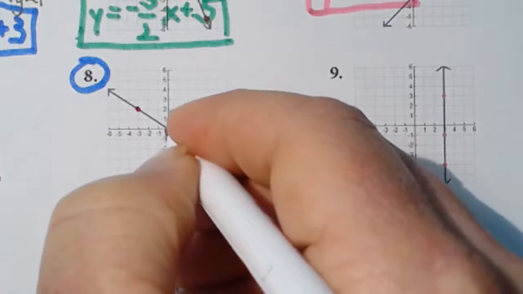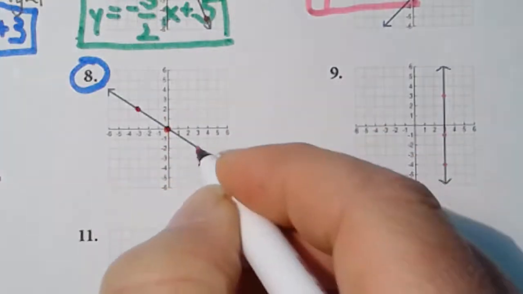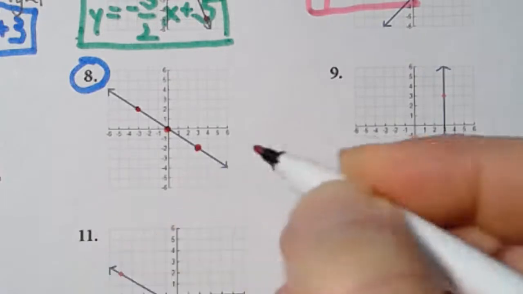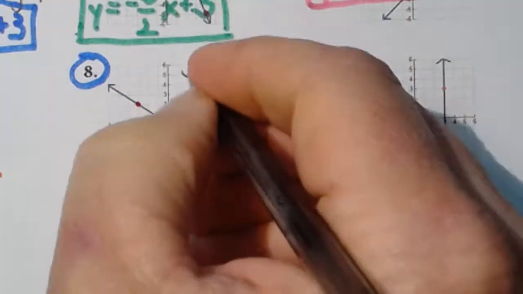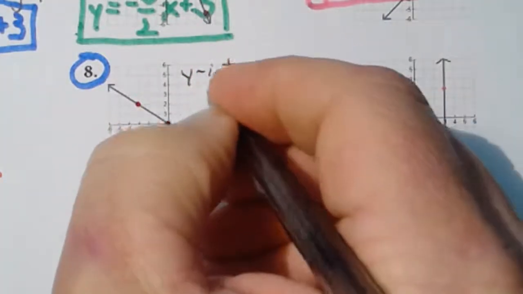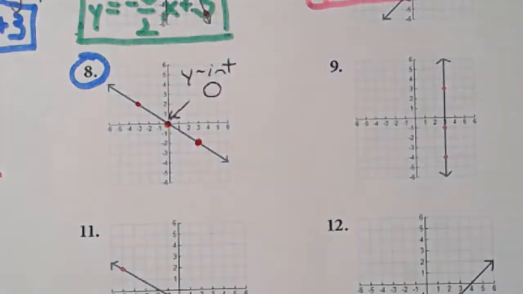Ooh, what's that called right there? The origin. That's right. We love that because that's the y-intercept. The y-intercept is 0, which means we do not write anything in that blank.